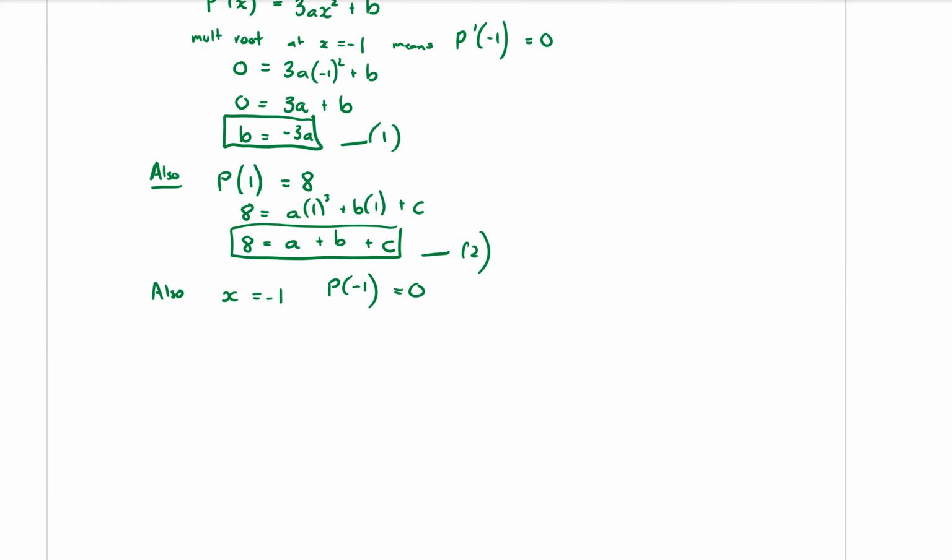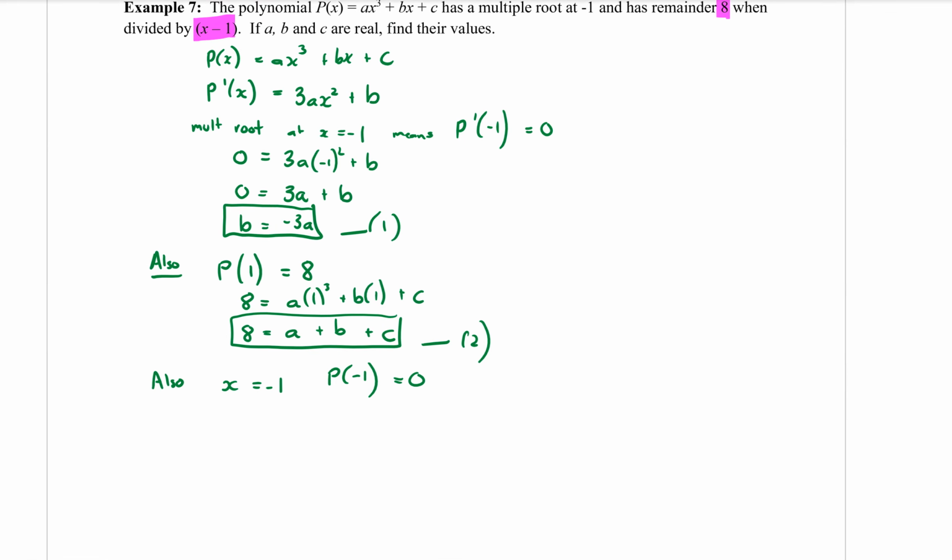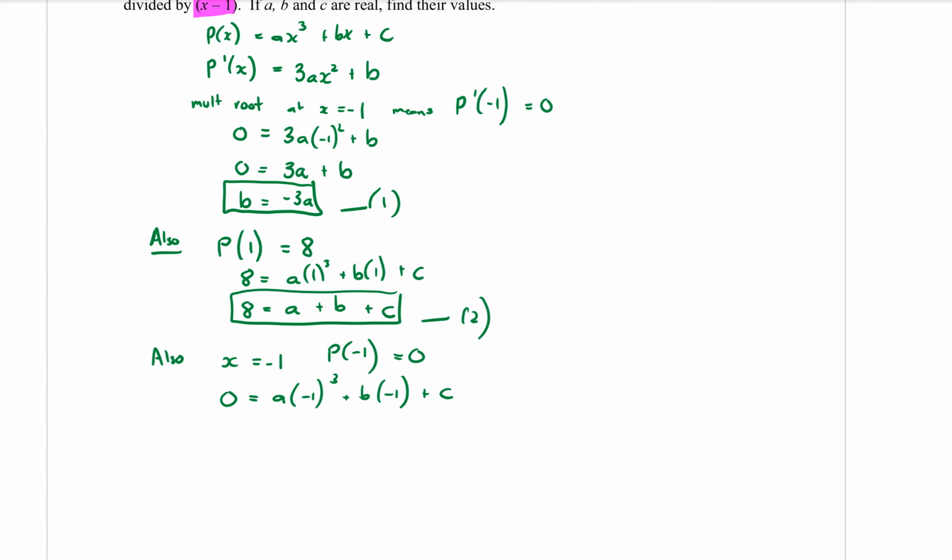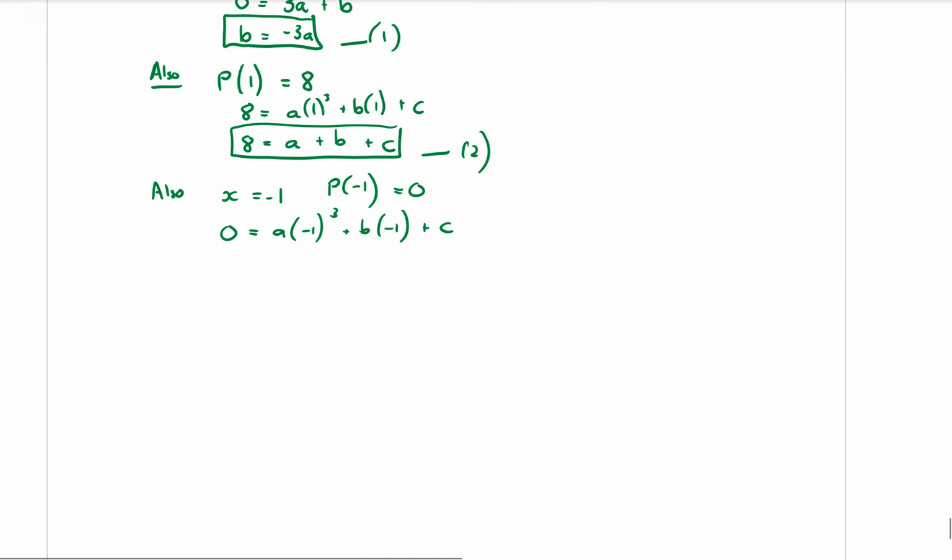And if I sub that into my polynomial, I would get 0 for the polynomial equals a times -1 cubed plus b times -1 plus c. So that's going to give me -1 cubed is -a, -b plus c.